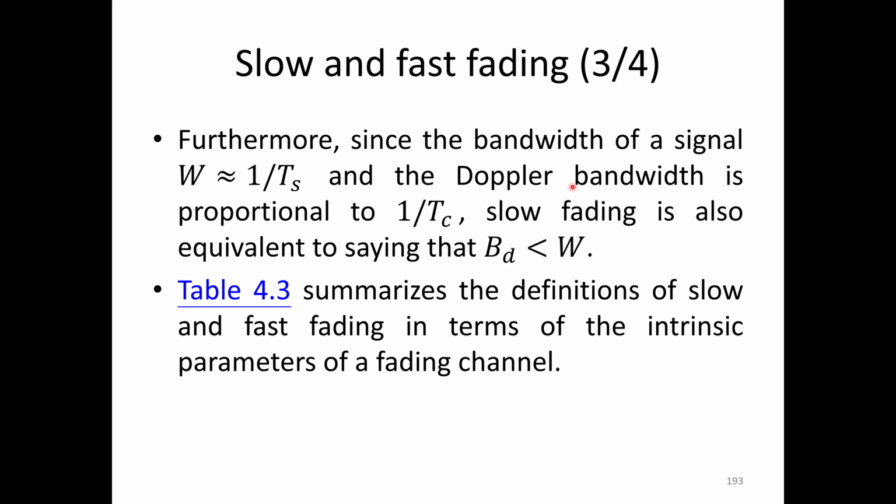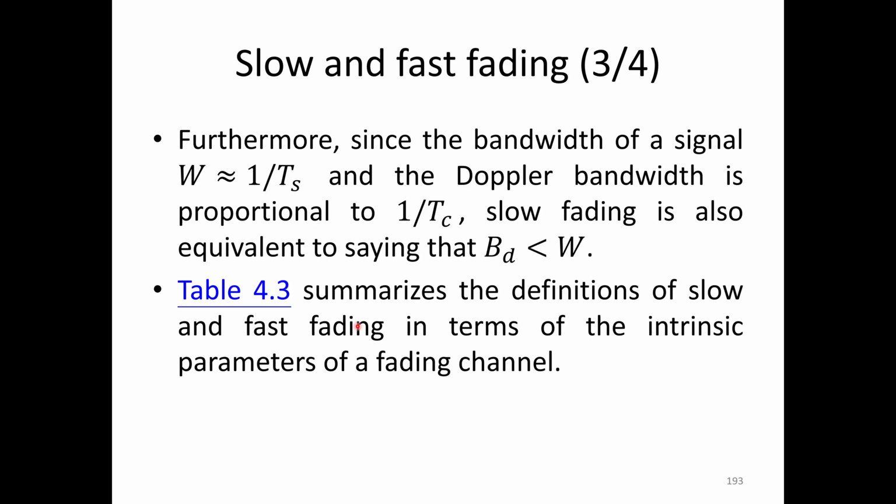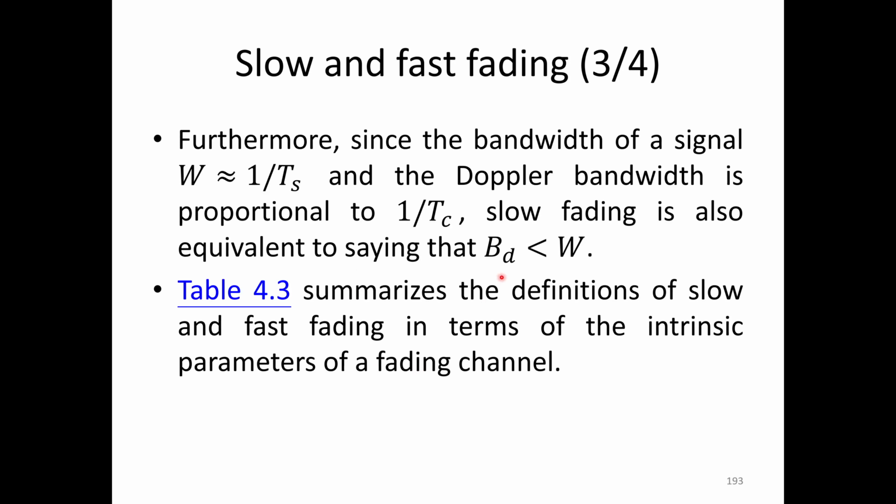Because the Doppler bandwidth is proportional to 1 over Tc, we can replace 1 over Tc by Bd, and W is approximately 1 over Ts, so we can replace 1 over Ts by W. So this equation becomes Bd is smaller than W, which is this equation.